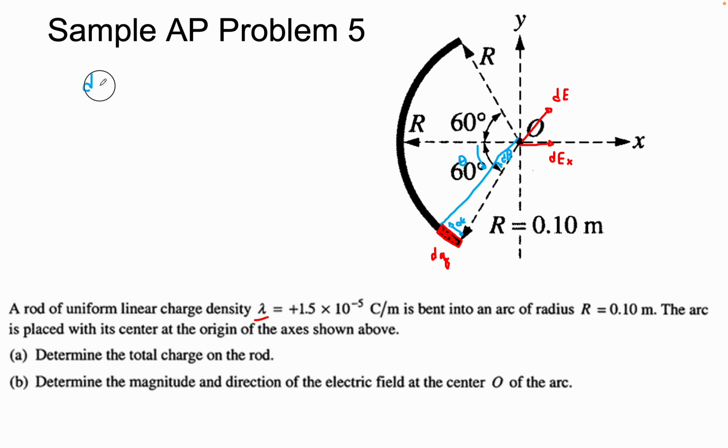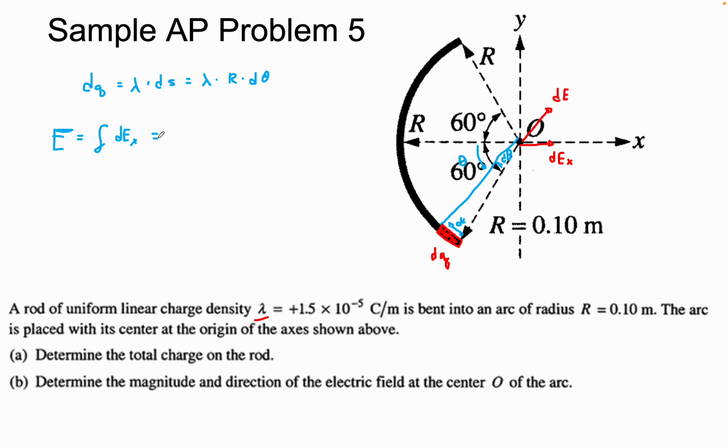dq in this case would be equal to lambda times ds, the arc length. And in this case, we know the arc length is actually going to be equal to the radius times d theta. We can now plug that into our integral. We know the total electric field is just going to be the integral of dE sub x. And we can actually write this.